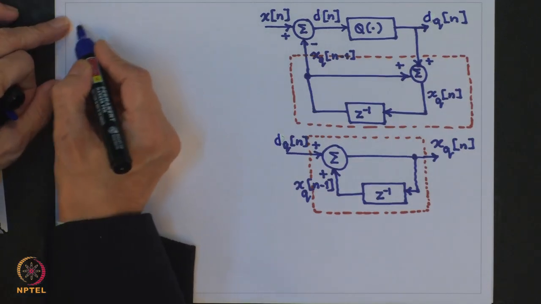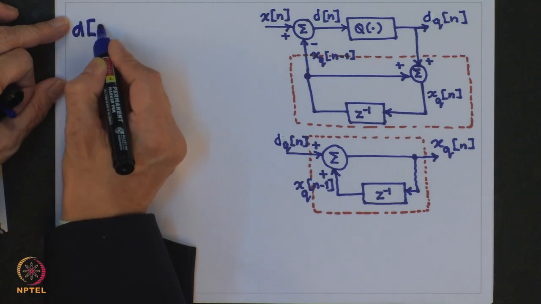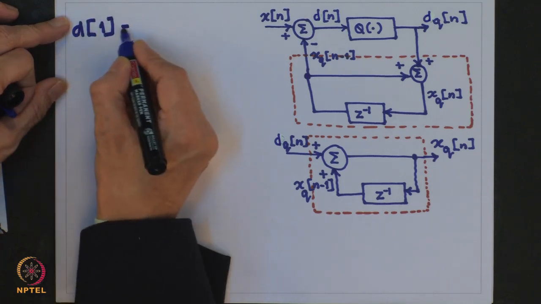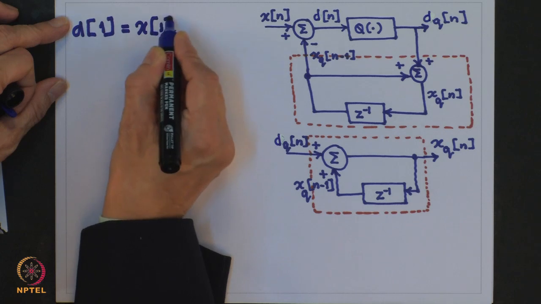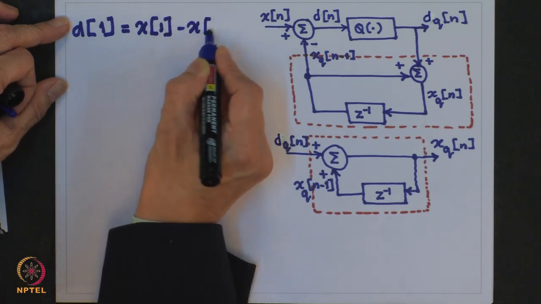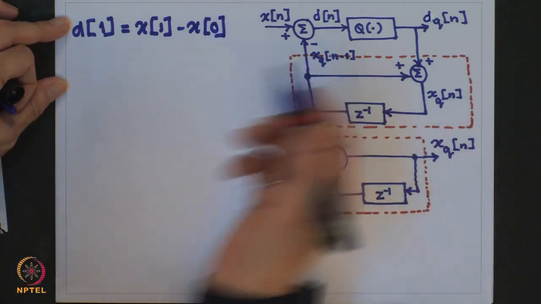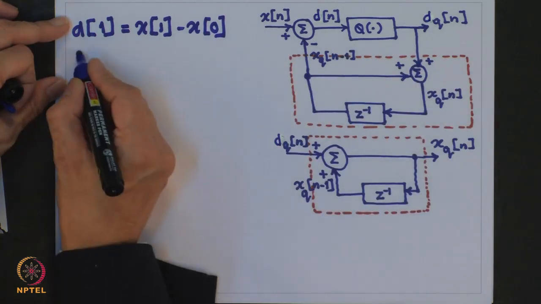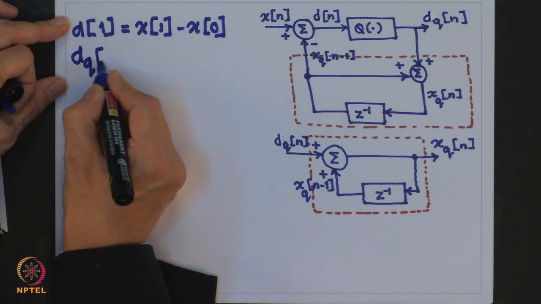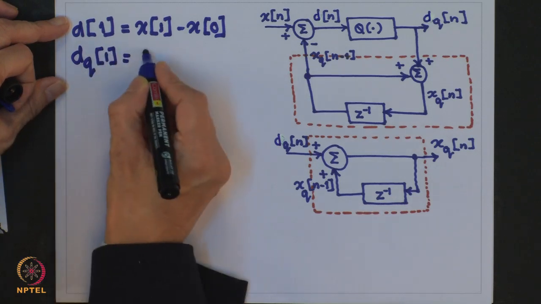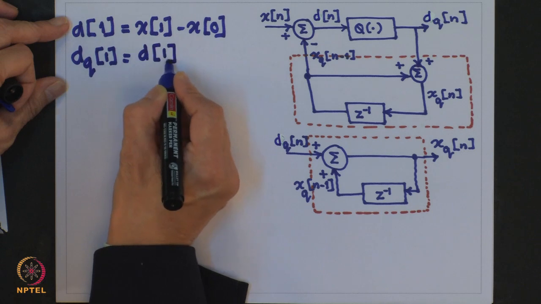So now my D1 is going to be x1 minus x0. Again I assume that x0 is known to the receiver, it could be assumed to be 0. Now this is going to be quantized, so I will get a quantization noise.